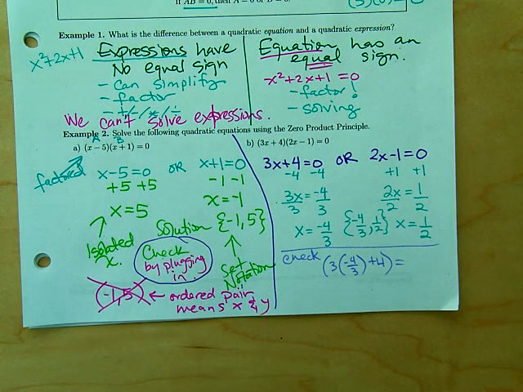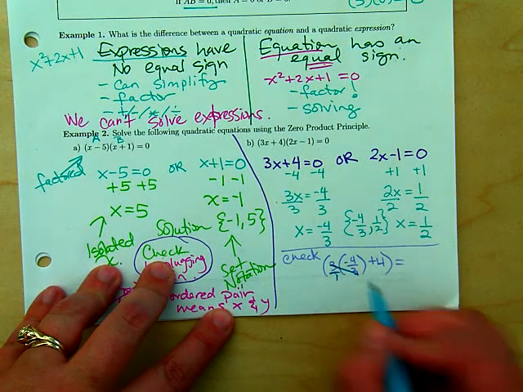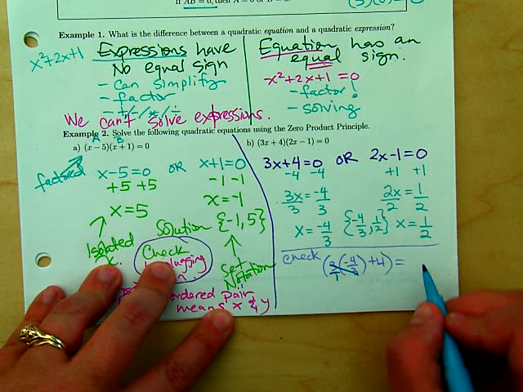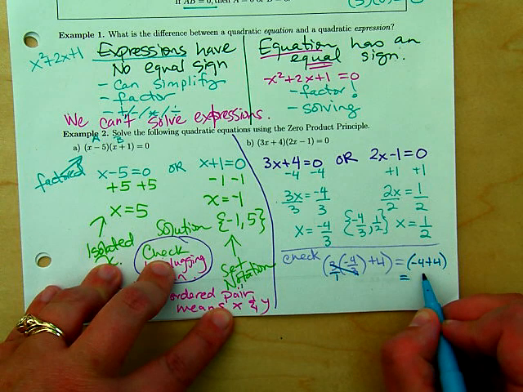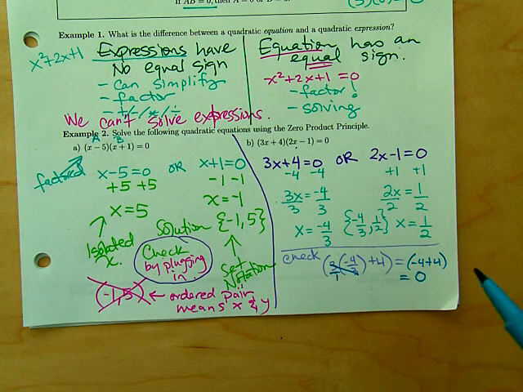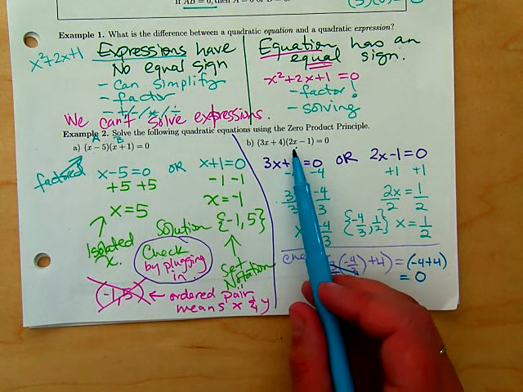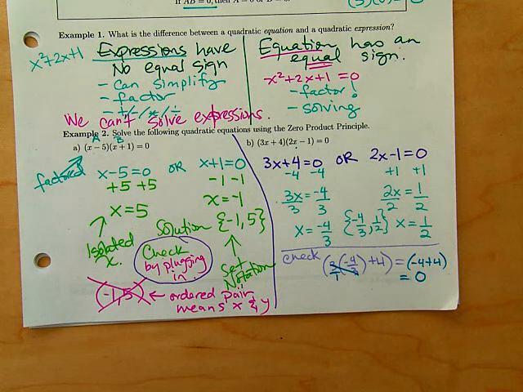What can we do to simplify this? Yeah, the 3's cancel. Dealing with fractions, negative 4 plus 4, which is 0. So technically I should plug it into both places, but I just didn't want to deal with a fraction in that situation.